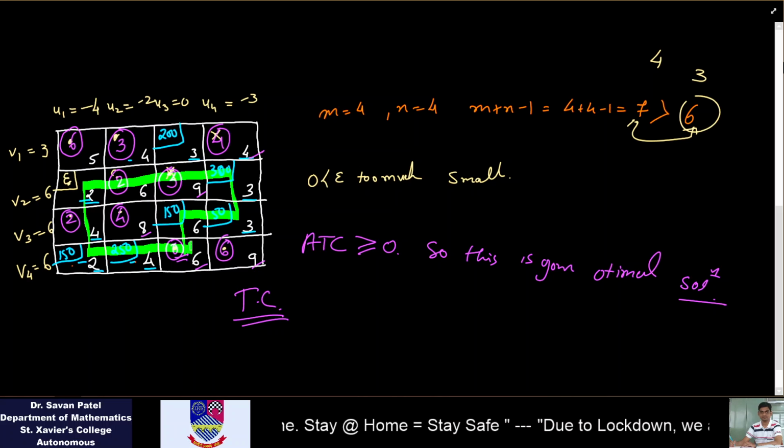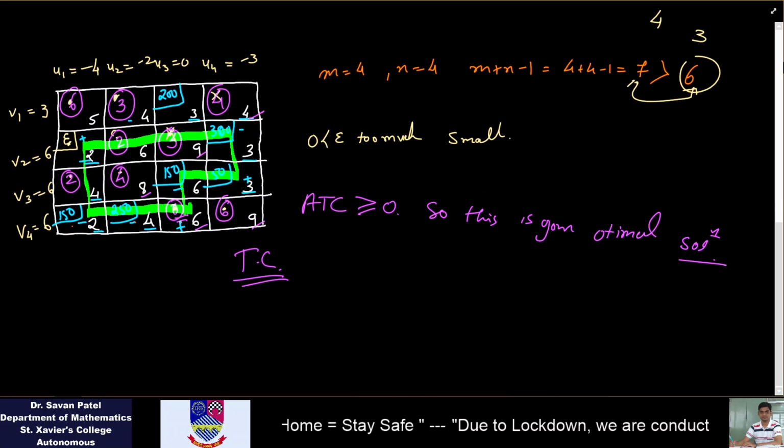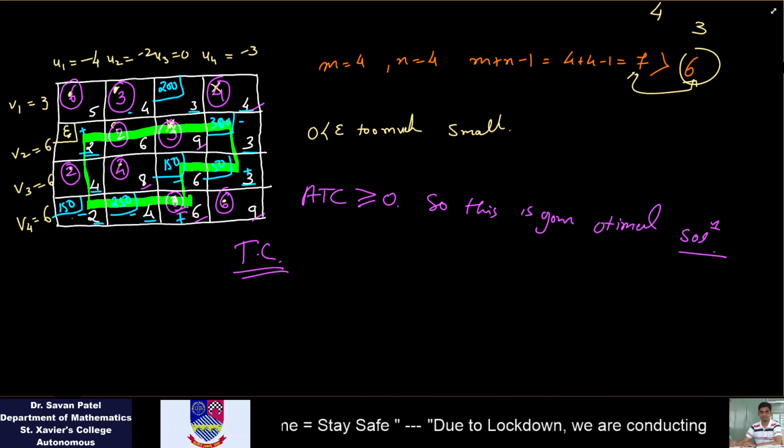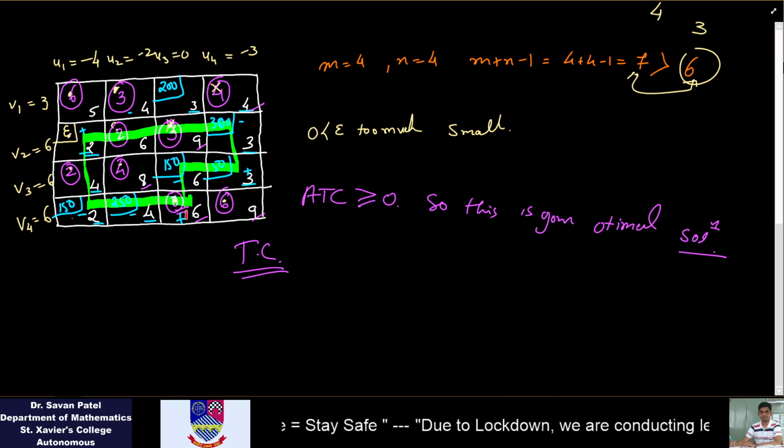So if you think about the corners, this is a positive corner, this is a negative corner, this will be positive, this will be negative, this will be positive, and this will be a negative corner.